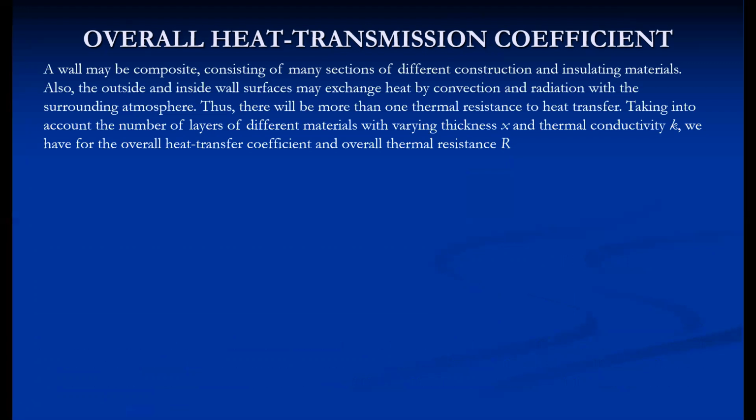Thus, there will be more than one thermal resistance to heat transfer. Taking into account the number of layers of different materials with varying thickness X and thermal conductivity K, the overall thermal resistance R is given by.